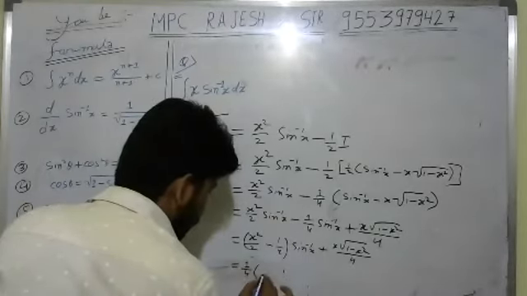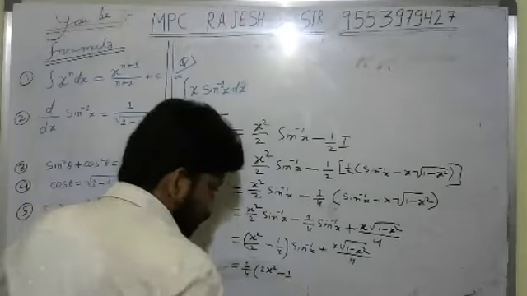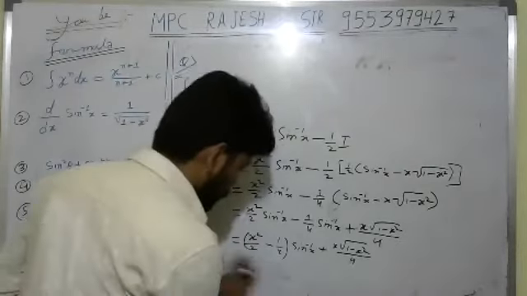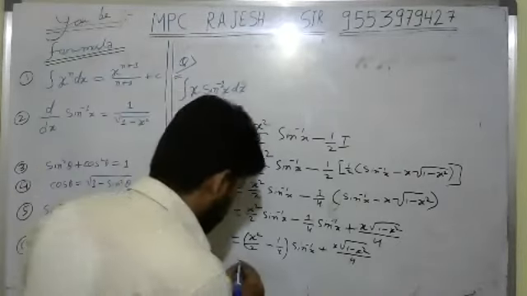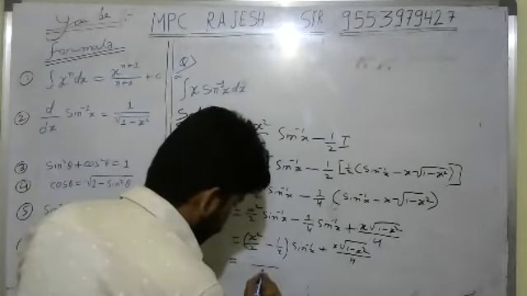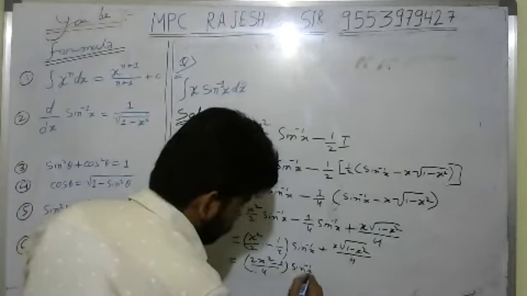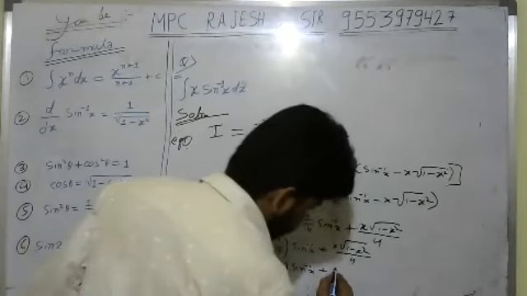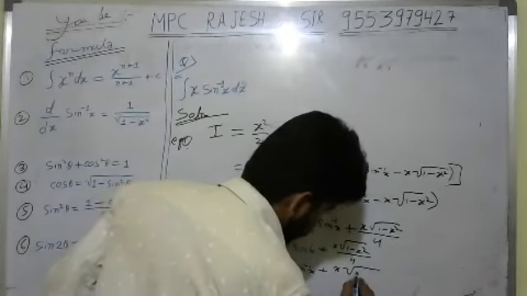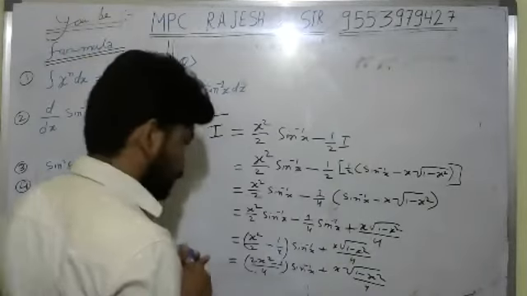1 by 4 of 2x square minus 1. Otherwise we can write a second step, as some students will be confused. 1 by 4, 2x square minus 1 sine inverse x plus x root under 1 minus x square by 4.